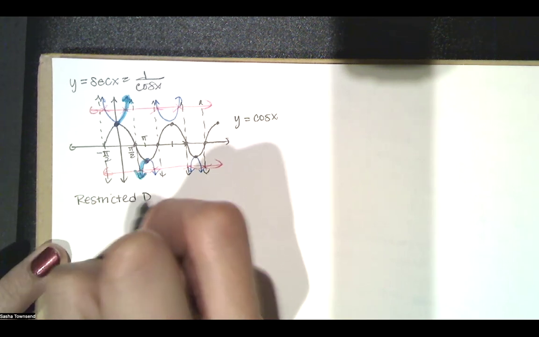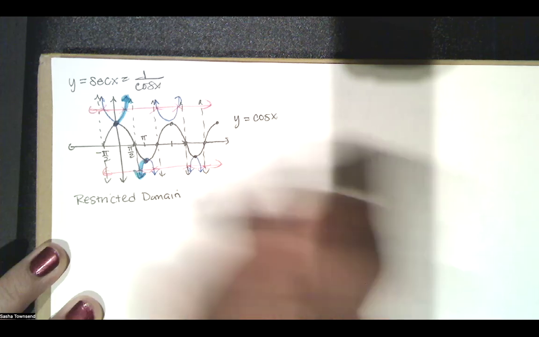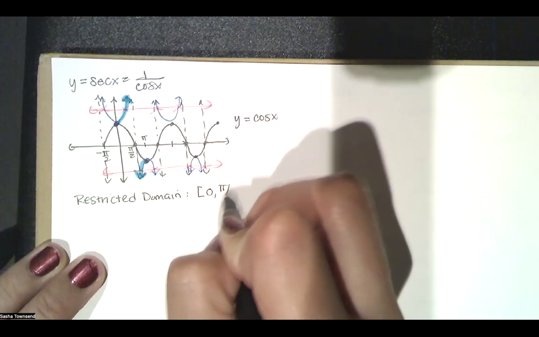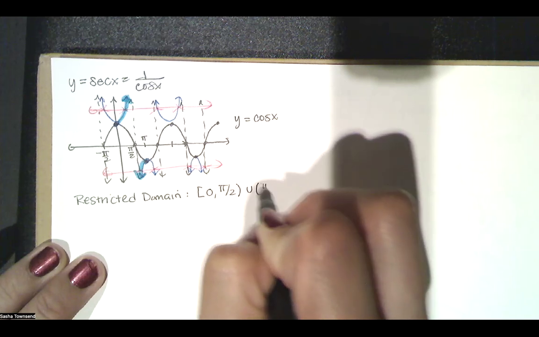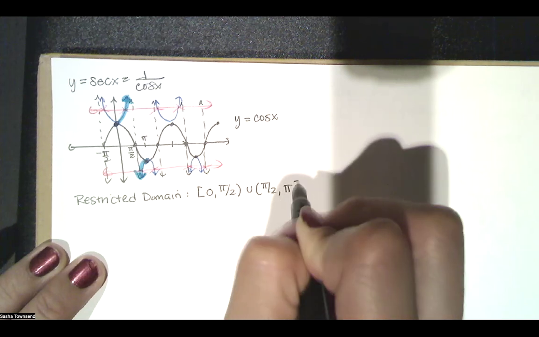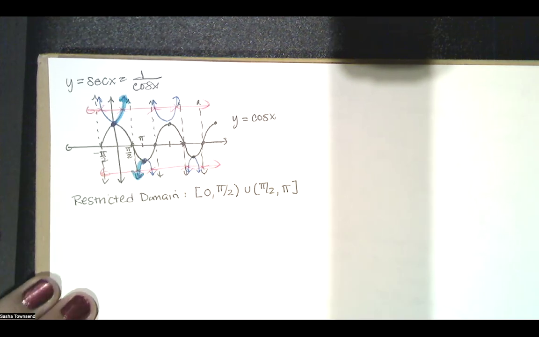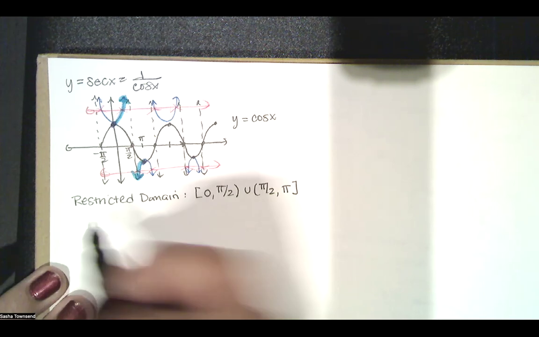And the reason I'm choosing that is because all the mathematicians do. We're going to go from 0 to pi over 2, and then union pi over 2 to pi. I'm really thinking of the interval from 0 to pi, but we skip that pi over 2 because we've got an asymptote there.